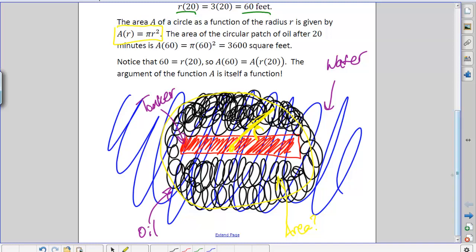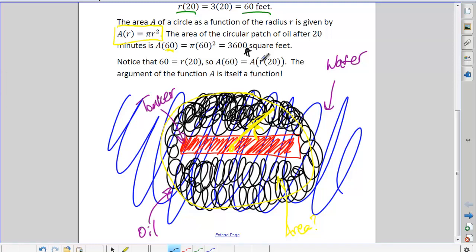So after 20 minutes, we said the area is going to be A of 60. Remember, after 20 minutes the radius was 60 feet. So that's pi times 60 squared, or 3600 pi square feet. So after 20 minutes, 3,600 pi square feet is the size of that oil patch.